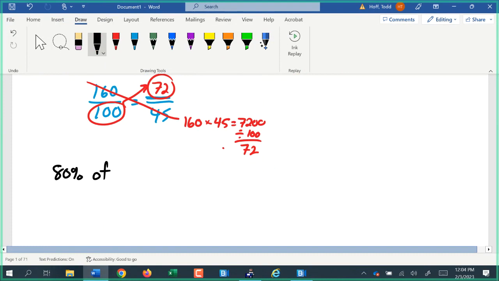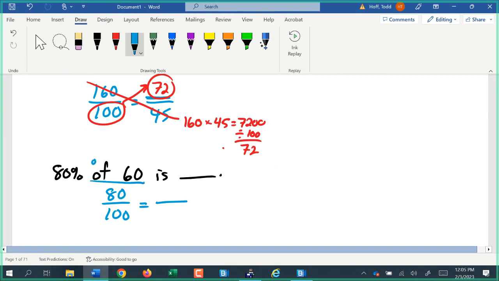We might have something like this: 80% of 60 is blank. Again, we start with a percent. 80%, 80 out of 100. Now on the other side, this is worded very different from our first two examples, but the setup becomes the same.